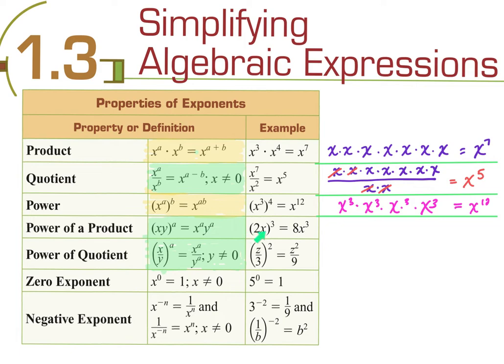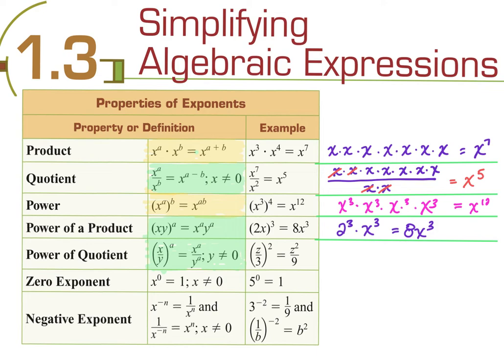So we have 2 times x on the inside, and that thing is taken to the 3rd power. You have to take everything in there to that power. So that means when I do something like this, I have to take 2 and cube it, and I have to take x and cube it. And that is where I get 8x cubed.